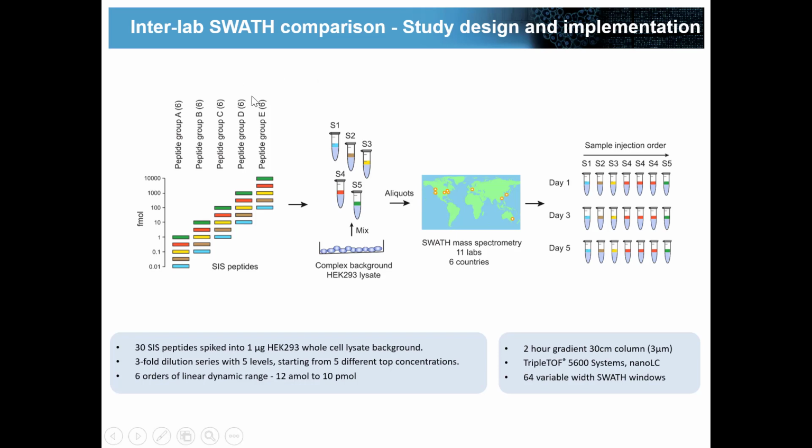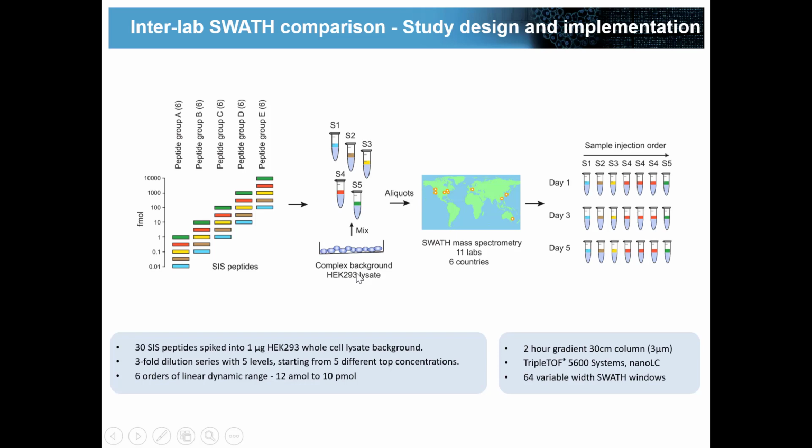We realized that many labs had adopted this technology, and there were other people doing SWATH or doing DIA, and we decided we would prepare some benchmarking samples and send them around the world, and ask people to measure these samples and try to determine whether the data was coherent or not at all.